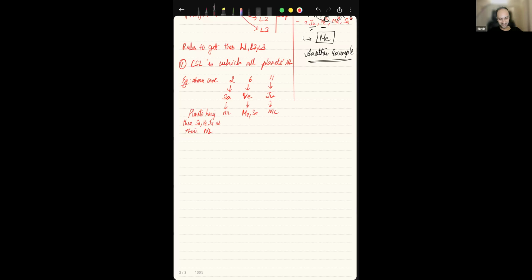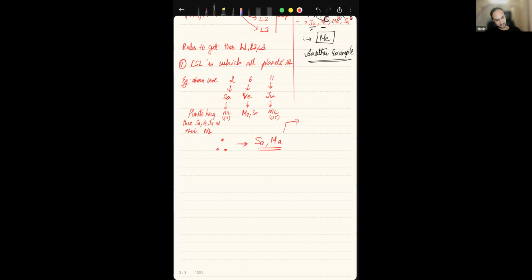I probably shouldn't have chosen it, but because Saturn and Jupiter are both UT, you will not have anything as a NL. So therefore, Saturn and Mars are the net result of step number 1.